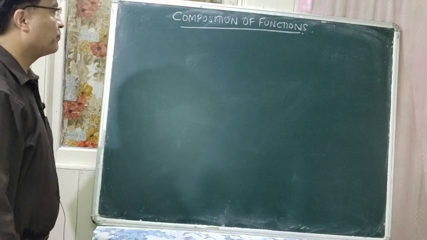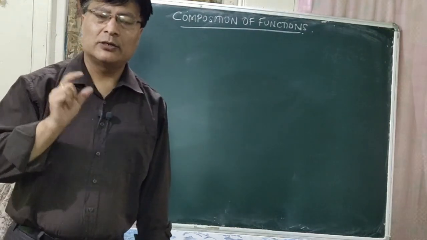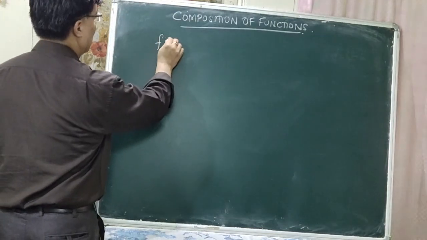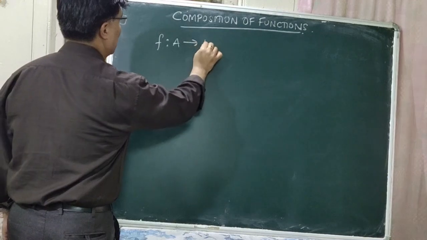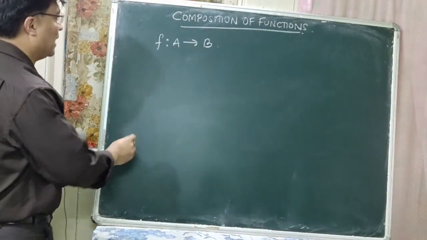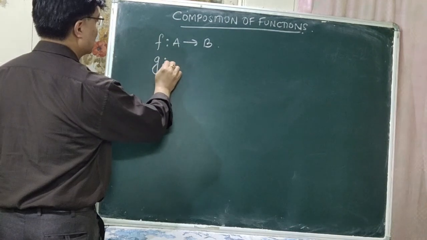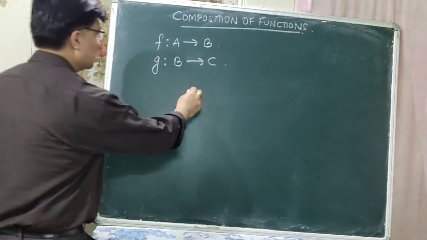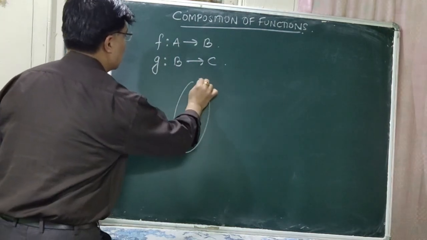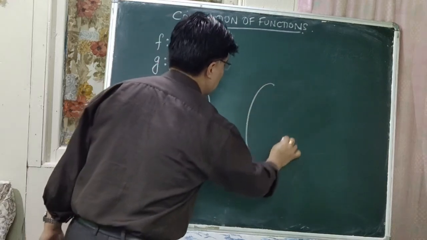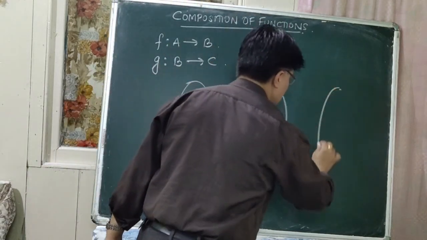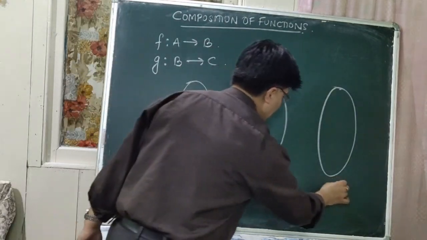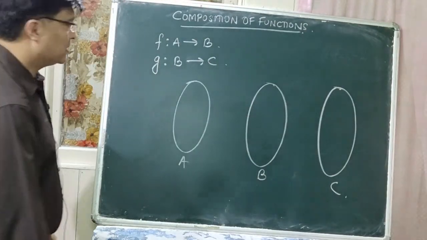In this case you have to take two given functions. One is f such that f: A to B, and the other function is g such that g: B to C. Suppose this is one set A, this is another set B, and this is another set C. Is that clear?